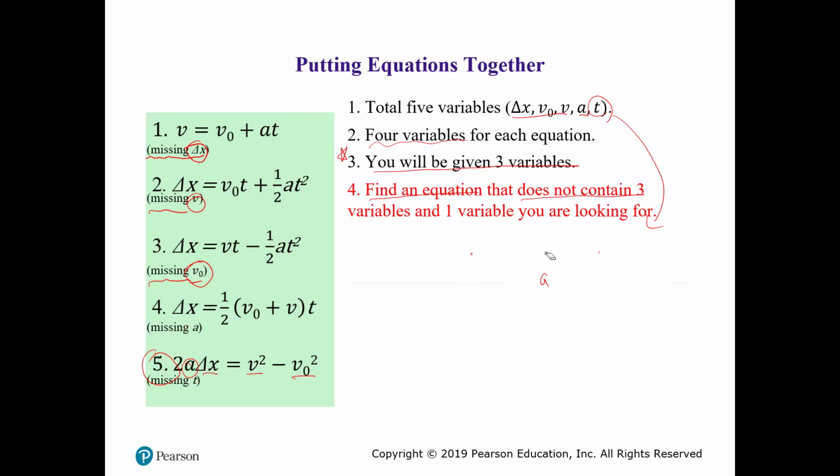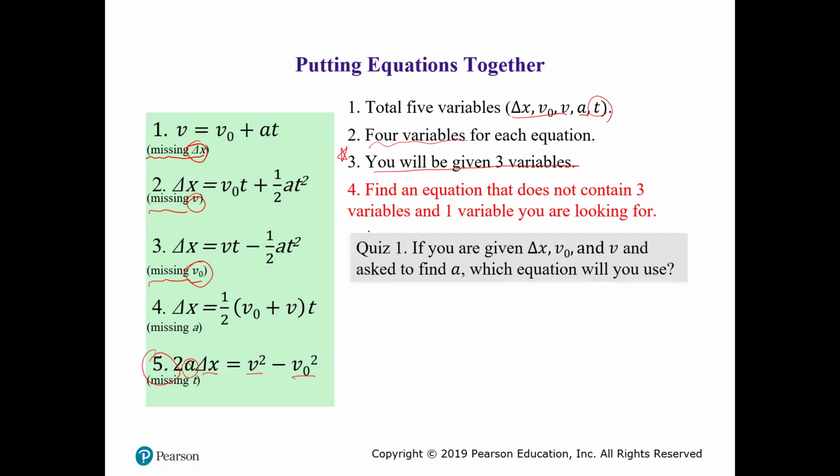So this is a basic principle. This is why I introduced 5 equations instead of 3. And then the example here, for example, think about this quiz very carefully. Pause the video. Okay, think about it. If you are given delta x, v initial, v final, and you are looking for a, which equation will you use?